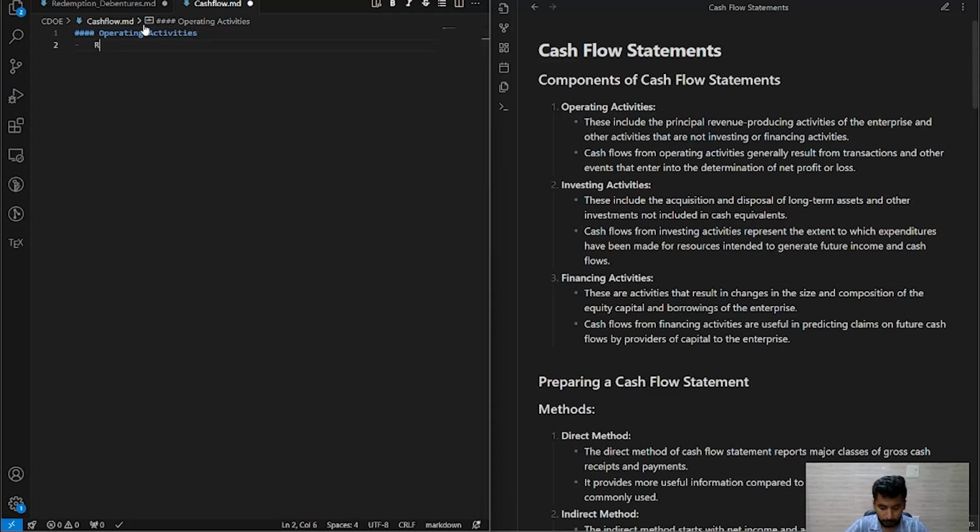For example, factory expenses. For example, inventory management. For example, revenue, electricity bill, truck remuneration, toll tax for inventories.